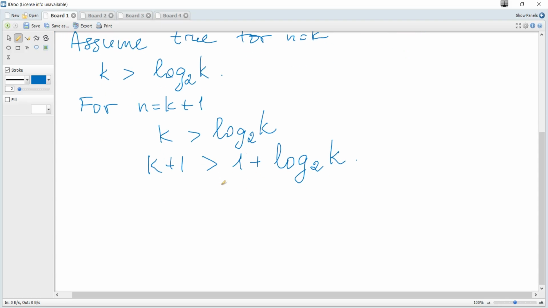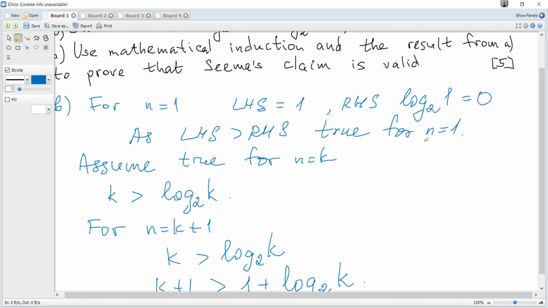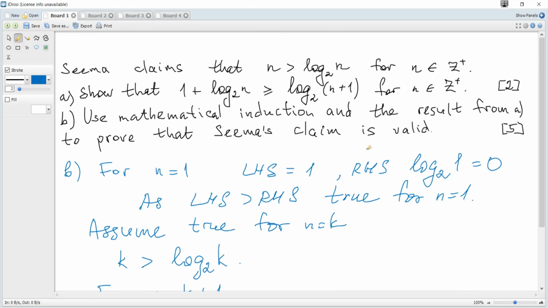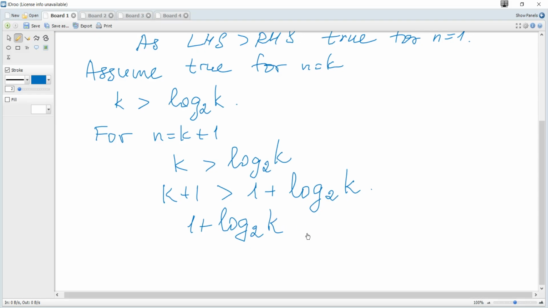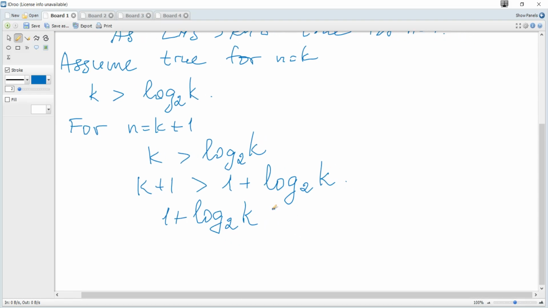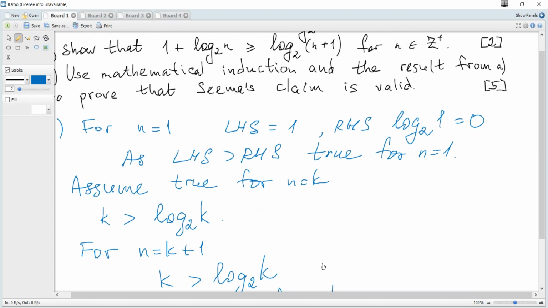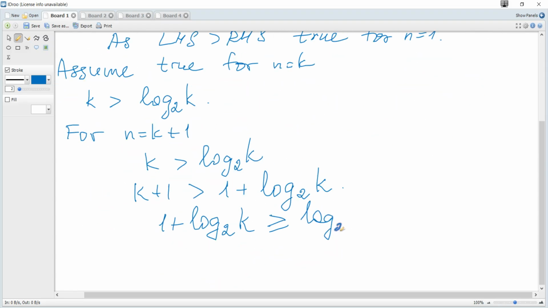But we need it to be greater than log to the base 2 of k plus 1. It is clearly given that we should use the result from A. From A, 1 plus log to the base 2 of k is greater than or equal to log to the base 2 of k plus 1.